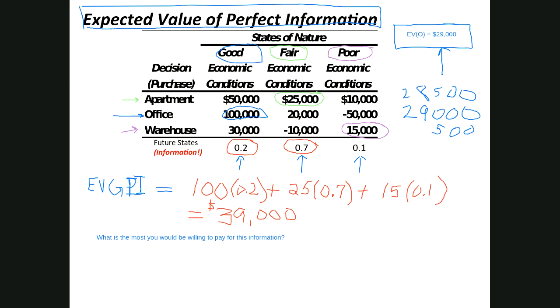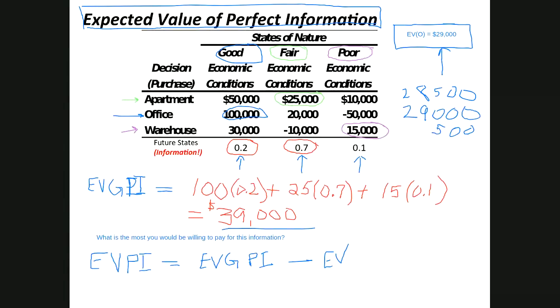And so hopefully you would realize the most we would pay, the expected value of perfect information, is the difference between the expected value given perfect information minus the expected value without information.